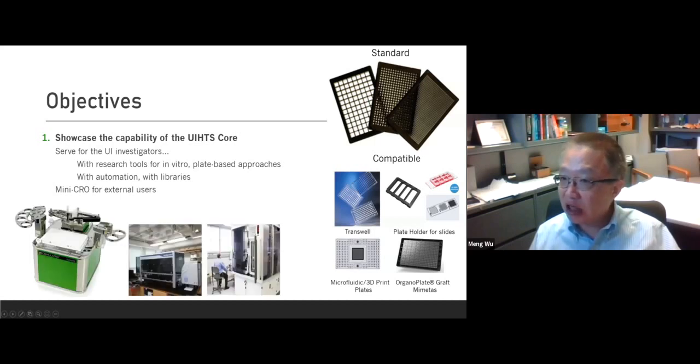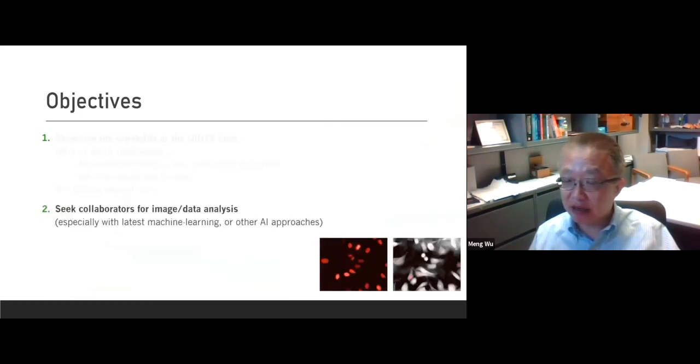We have automation systems from the single Mantis, our new addition, to MicroLab, to Cell Explorer. We can do quite different levels of automation to handle the different plates, which makes the work a little easier. That's our capability, my major objective one.